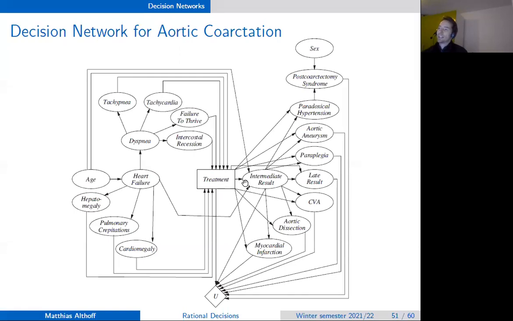And this treatment will have intermediate results or late results, and also effects on other parts of your body. And all these will then influence the utility that are for or against treatment. So here the utility has one decision variable and, 1, 2, 3, 4, 5, 6, 7, 8, no, 9 random variables influencing it.